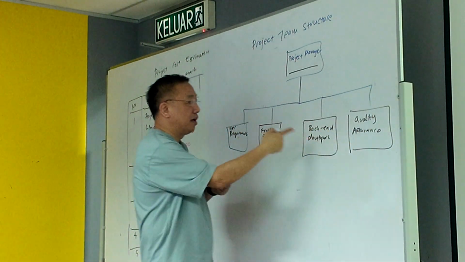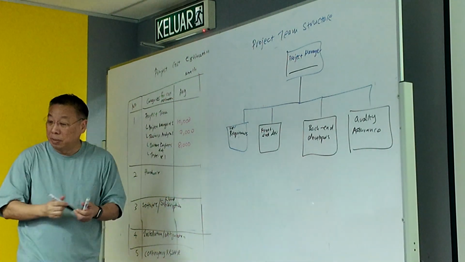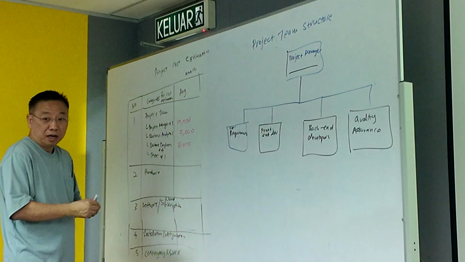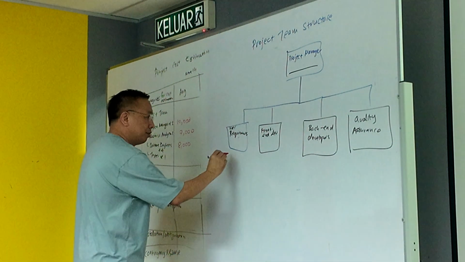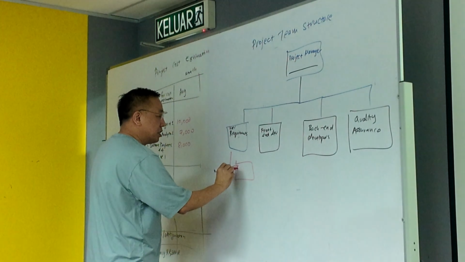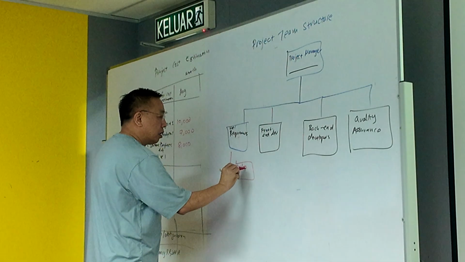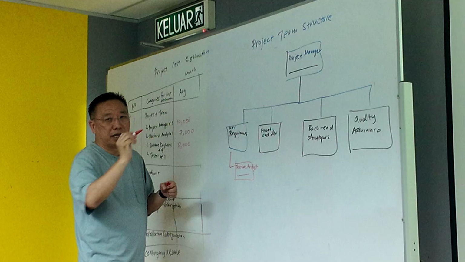So these are the different functions that will exist in this project team, and here are the people in that team. I'm just using different colors to emphasize, of course you don't have to. Under user requirements, I will have a business analyst. And this is the name of the business analyst, you put the name.